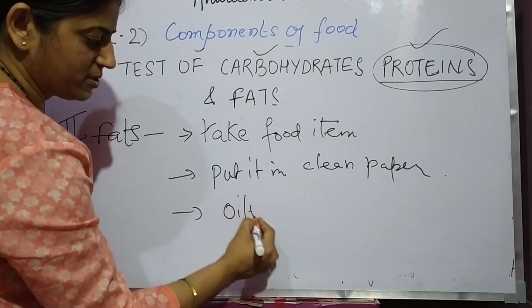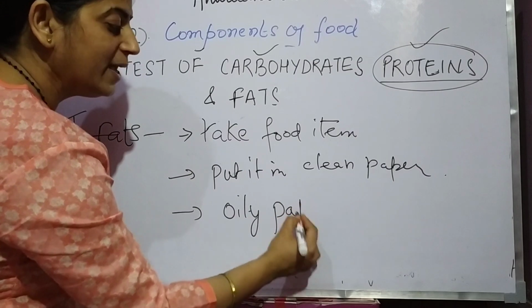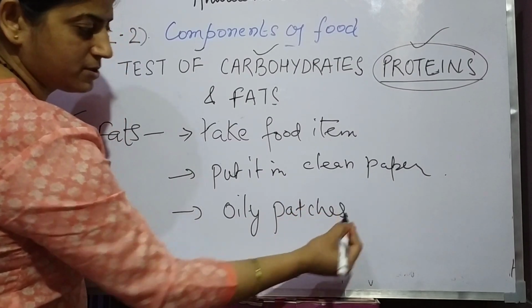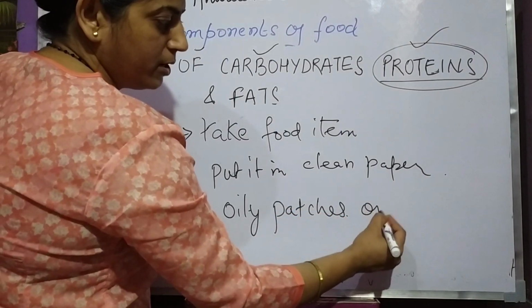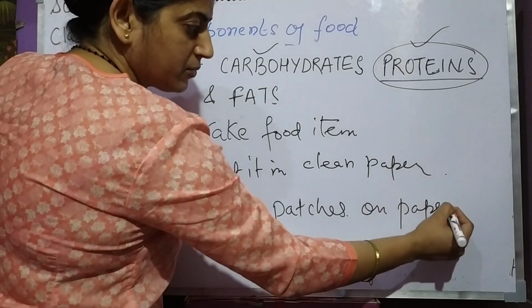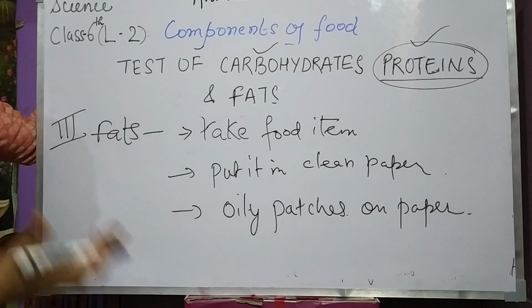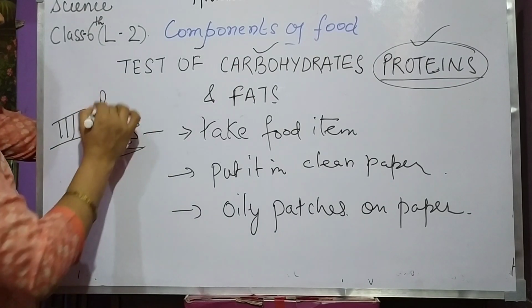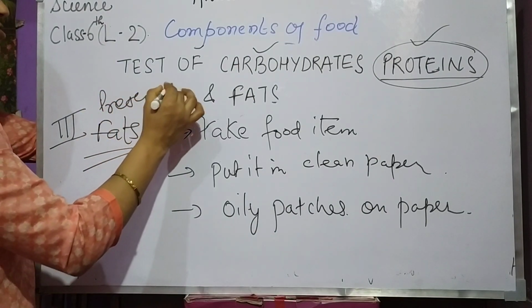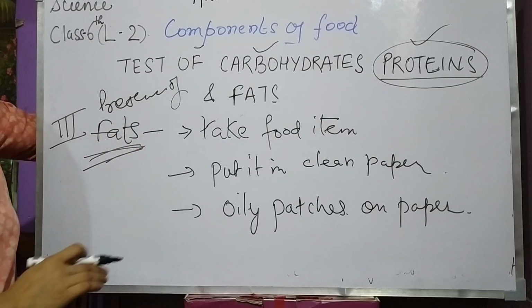Oily patches on the paper. Okay, oily patches on the paper. This shows that there is presence of fats in the food item.